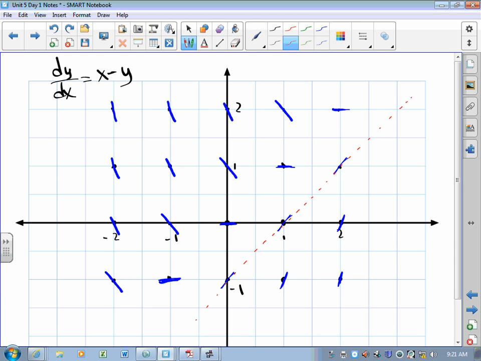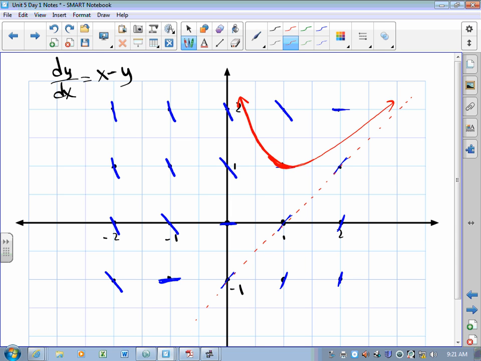So you can imagine if I were to pick the curve that's going through (1, 1), it's got to bottom out at (1, 1). So you've got some curve that bottoms out and then heads toward the slant asymptote. And then similarly, we're heading toward a slant asymptote the other way.